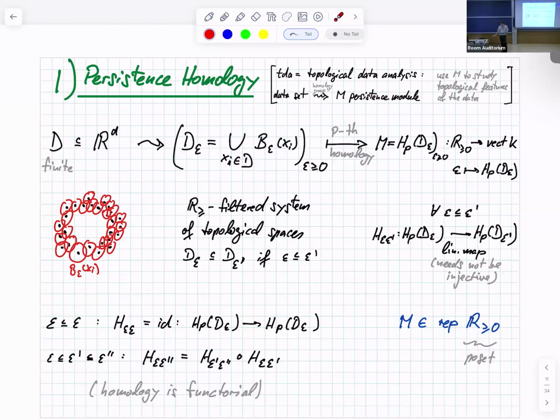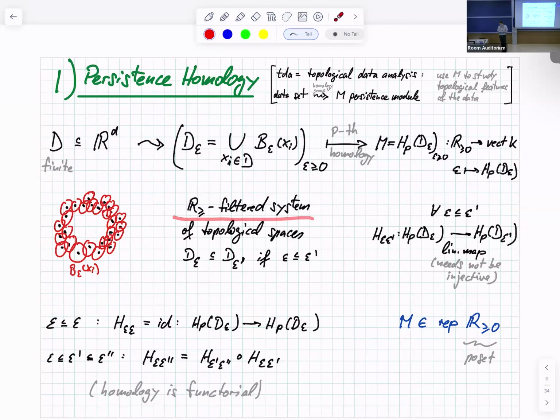The general framework was that we start with a finite data set. We compute this filtered system of topological spaces by slowly increasing the radius of the balls around each point. So we get a filtered system indexed over the non-negative real numbers, and we associate the homology group to this.